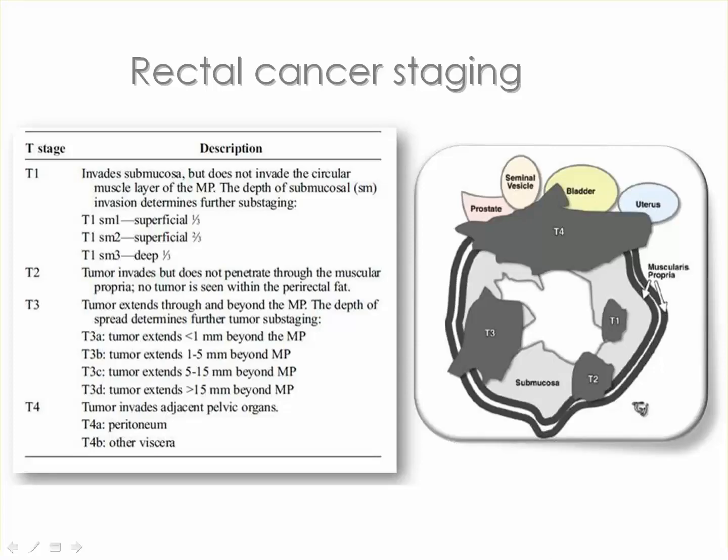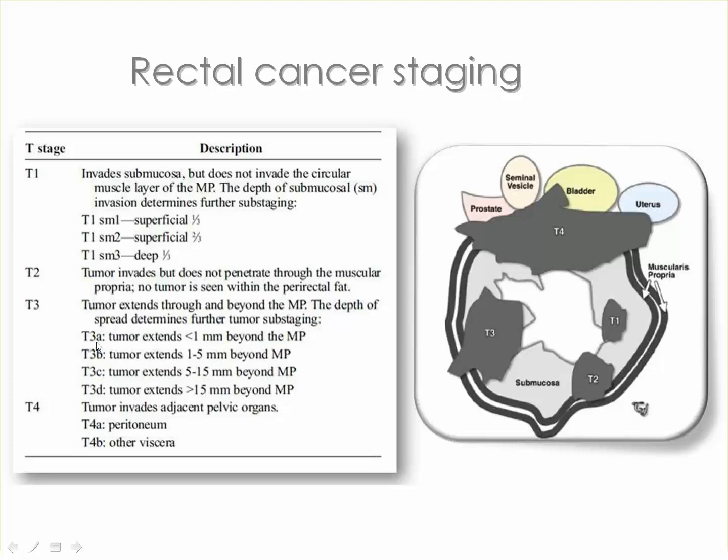Stage 1 involves the mucosa and the submucosa. Stage 2 is involvement of the inner layers of the muscularis propria. Stage 3 is the start of extension outside the muscularis propria, and this is divided into 4 stages.